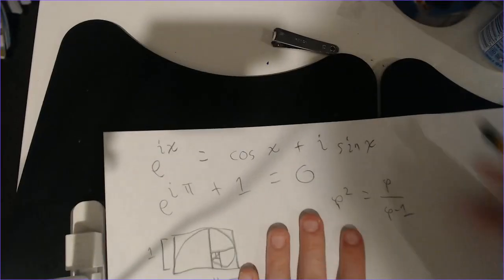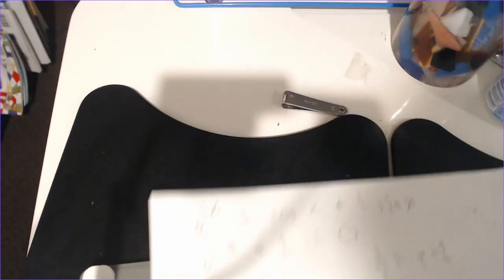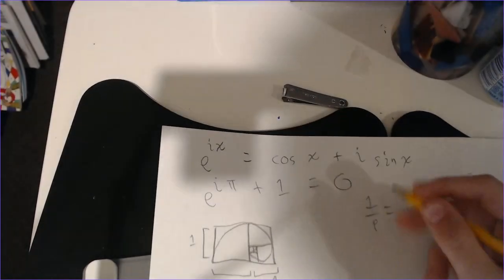Wait, no, that's not what you do. So I think first what you do is you take the reciprocal on both sides. So 1 over phi equals phi minus 1, because of the properties of the rectangle.